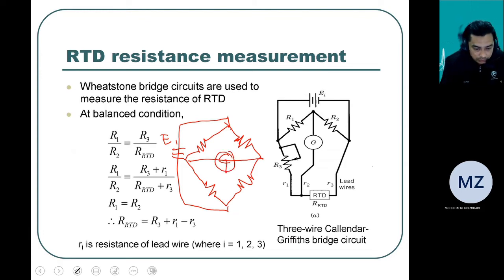So if we look at this now, if I can write down, here is the R1. Sorry, this here is the R2. This here is R1. And here is the, is it correct?